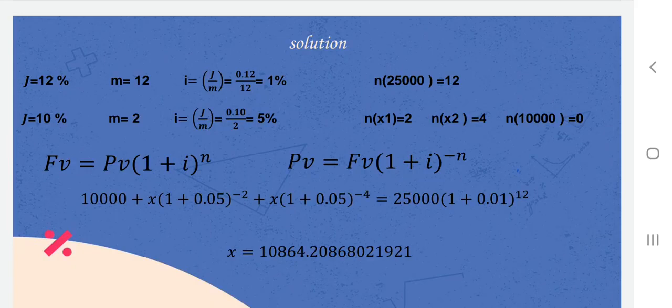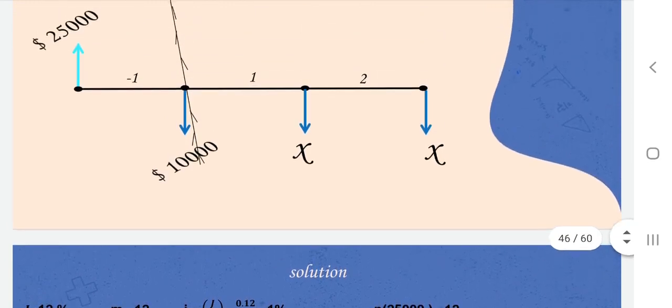This is for the old obligations, and for the new obligations J equals 10%, M equals 2, I equals 10% as a nominal rate over 2, the number of times of adding interest for 1 year, so I equals 10% over 2 equals 5%.